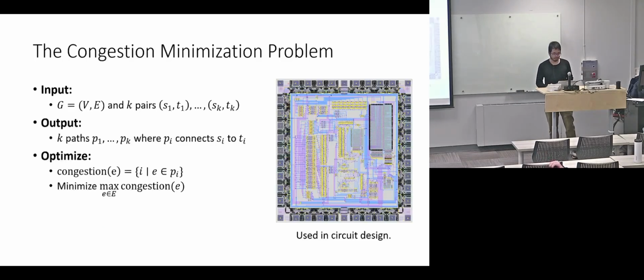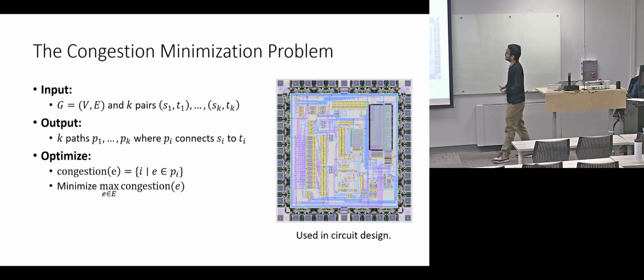Okay, so good. Let's look at another problem. Here's a new problem. It's a problem where you have a graph and you have k pairs, Si, Ti. And what you want is to choose a path Pi that connects Si to Ti.